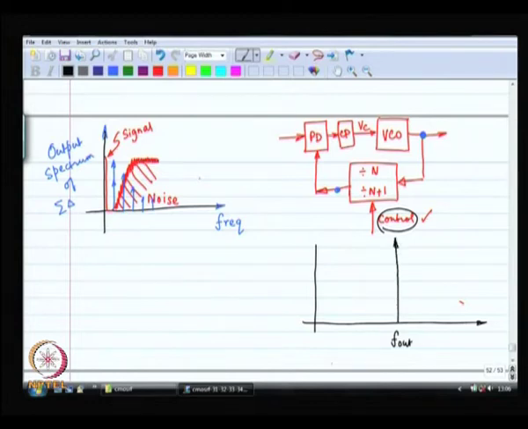So, this F out corresponds to your DC and around f out, systematically, you are going to see junk because of the quantization noise of this sigma delta modulator.